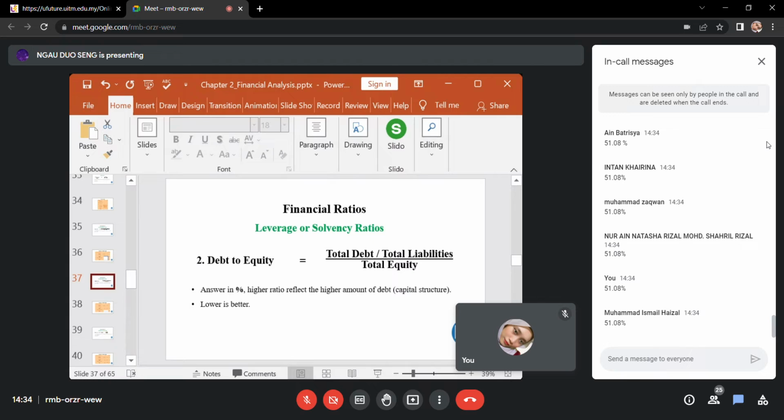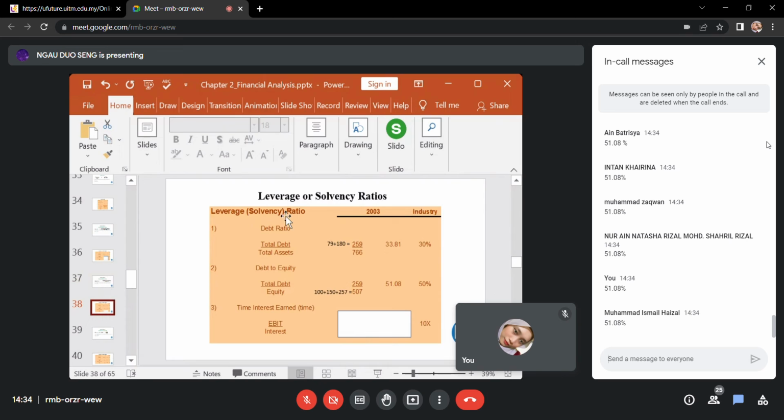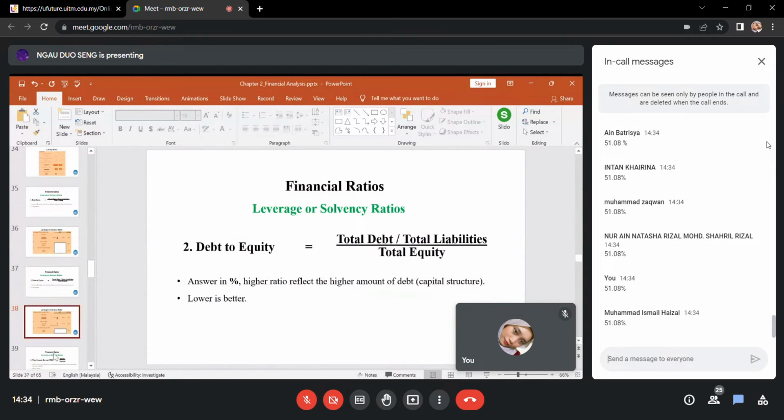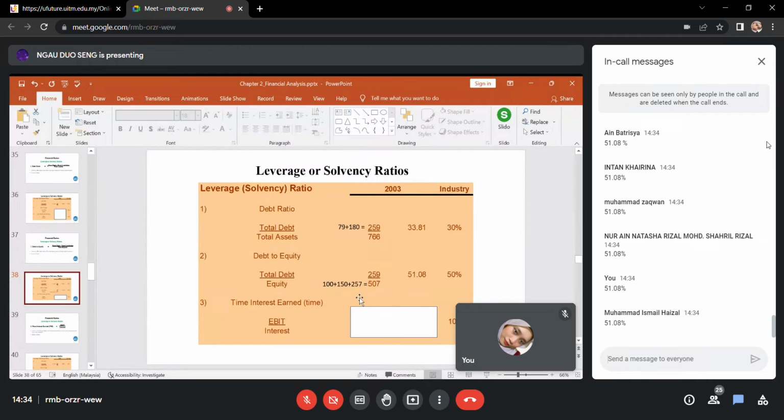All right, we check the answer. For debt to equity, we add three items under equity: common stock, preferred stock, and retained earnings. So 100 plus 150 plus 257 is 507. The 259 we calculated earlier is 79 plus 180.